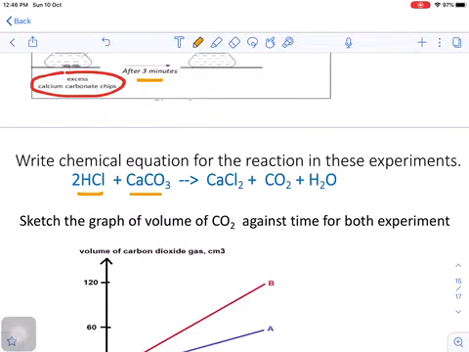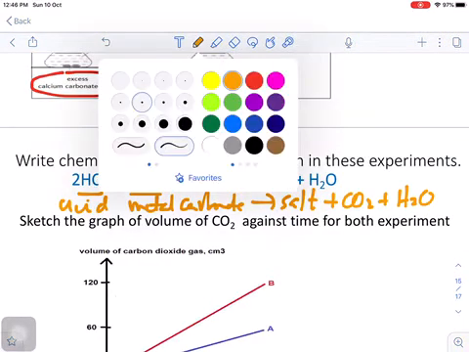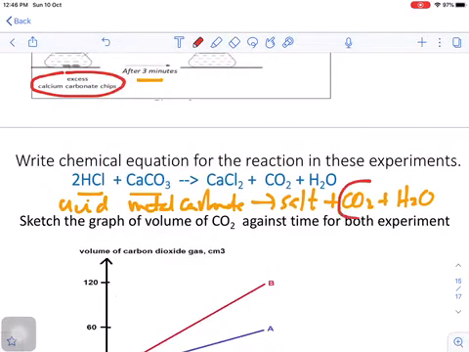Acid reacts with metal carbonate, will produce salt, carbon dioxide and water. So the gas that we collect is carbon dioxide gas.